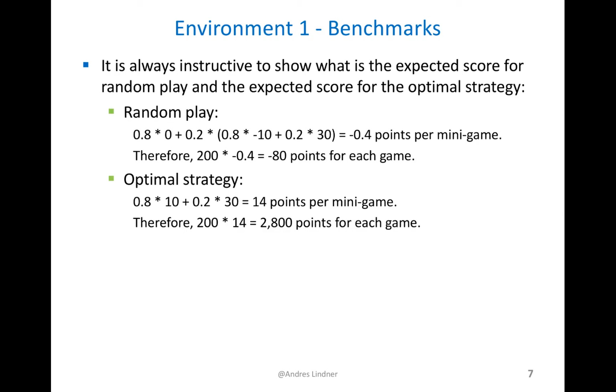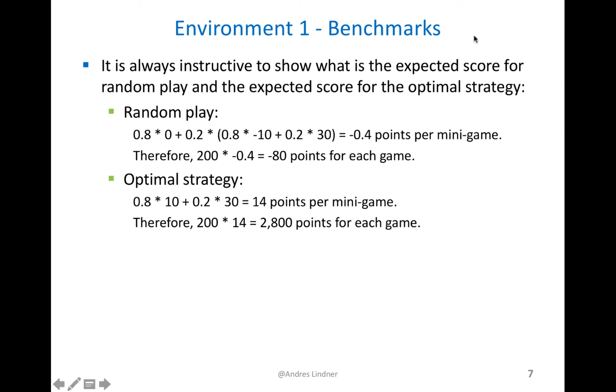So it is always instructive to think about some benchmarks for the results of the game. One of the benchmarks we can think about is random play. So how many points will we get on average, or in expectation, if we play randomly?